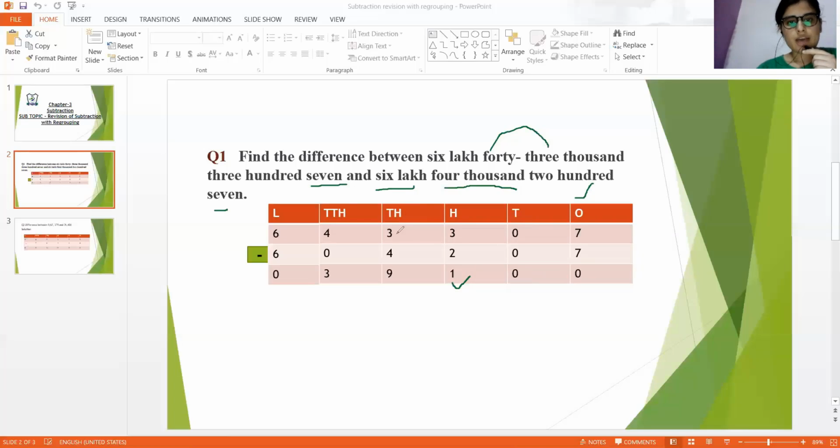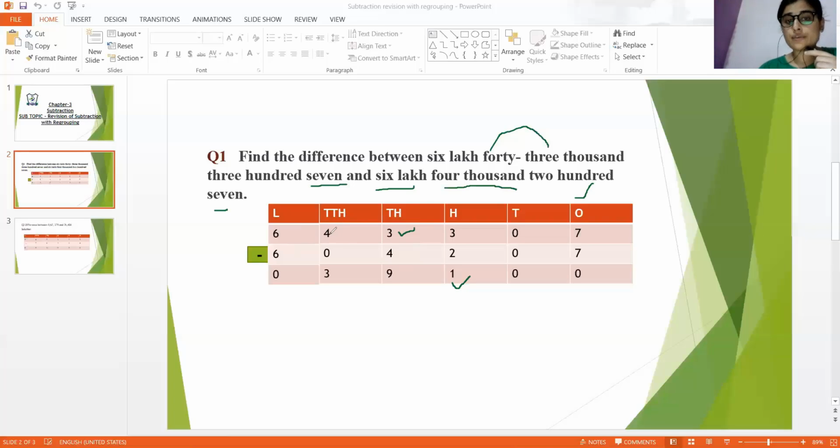At thousands place, we have 3 in the first number and in the second number we have 4. And we know the digit in the first number is smaller. So whenever we see the digit smaller in the first number, we always do regrouping. So here we will take carry over from which place?